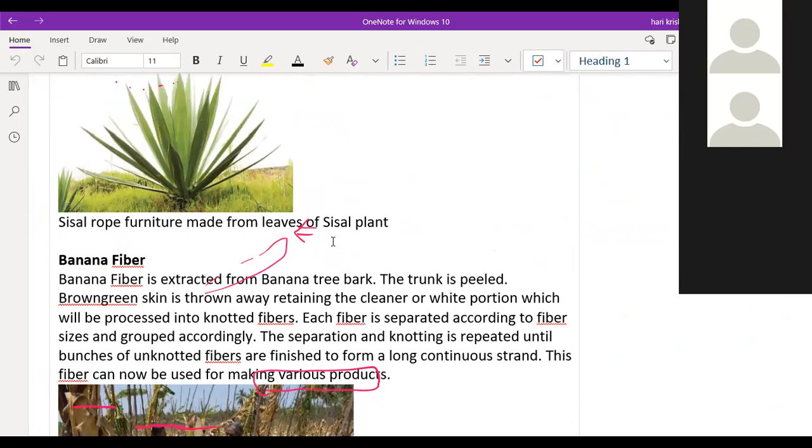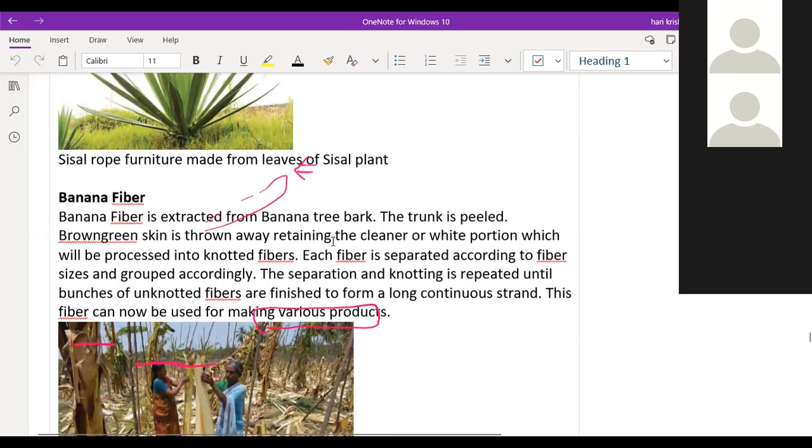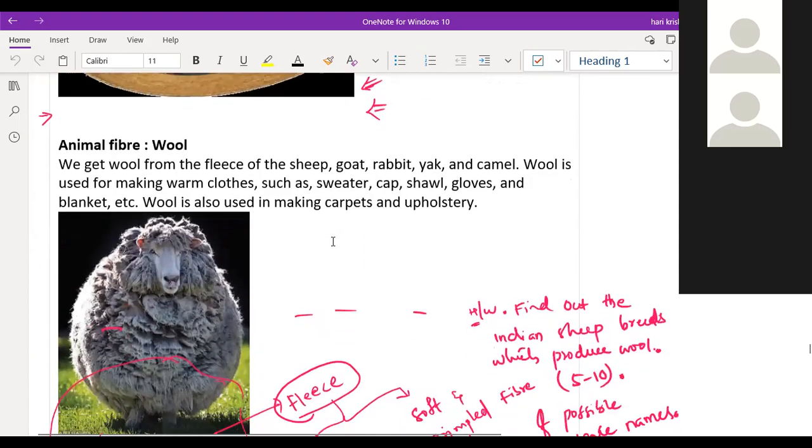In the case of animal fiber, we have two different types: one is a natural fiber, the other is a synthetic fiber. Whichever fiber is obtained from plants or animals is called a natural fiber. Synthetic fiber means what?